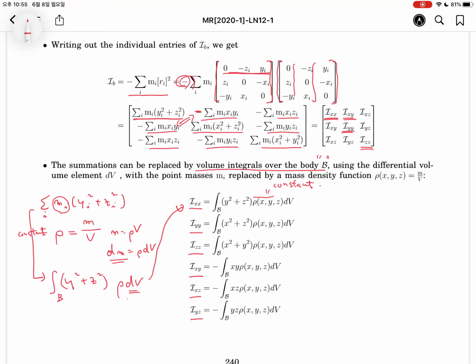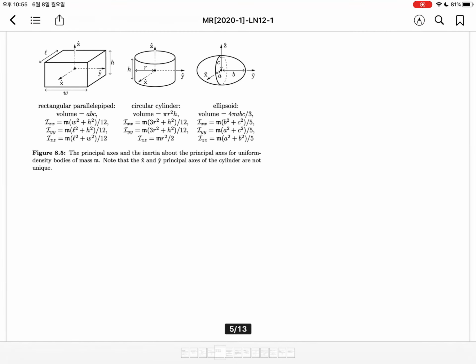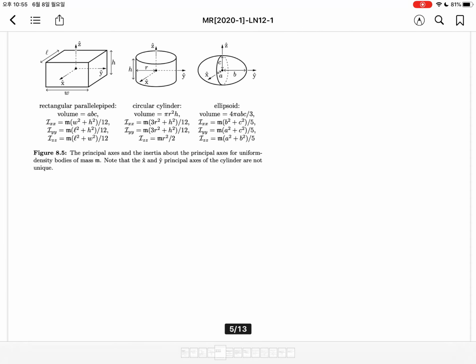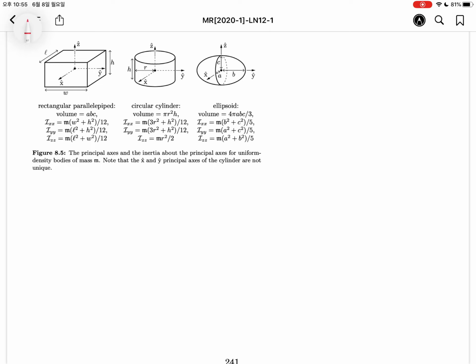It is a formal definition of moment of inertia. Okay, let's take an example. The first example is about the rectangular. Let's obtain the Ixx.